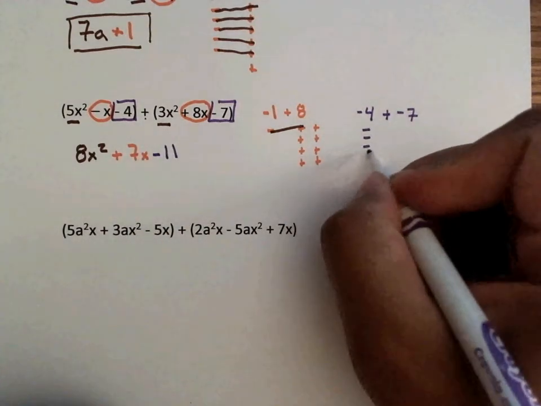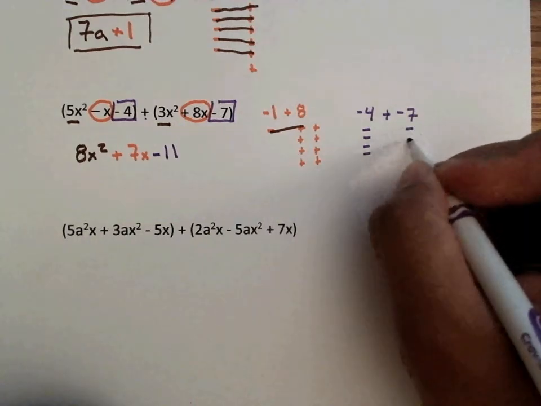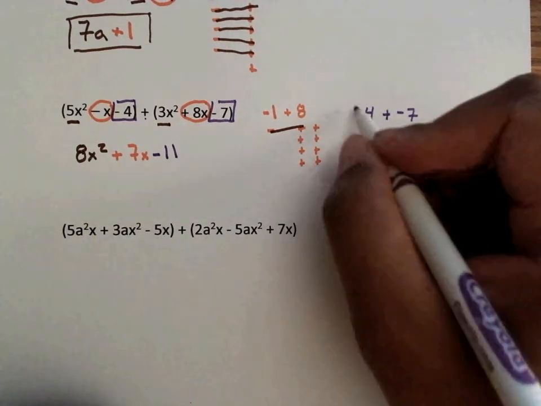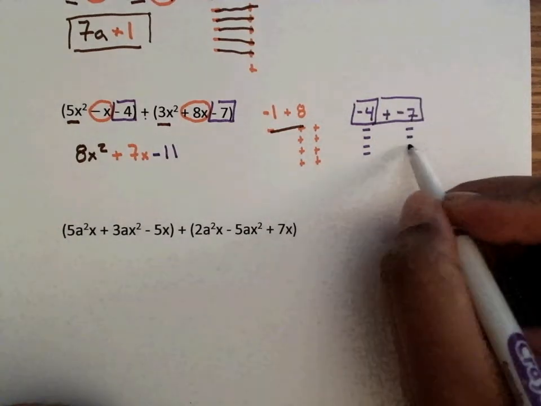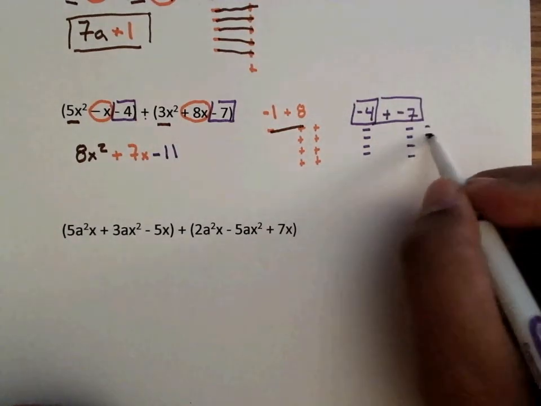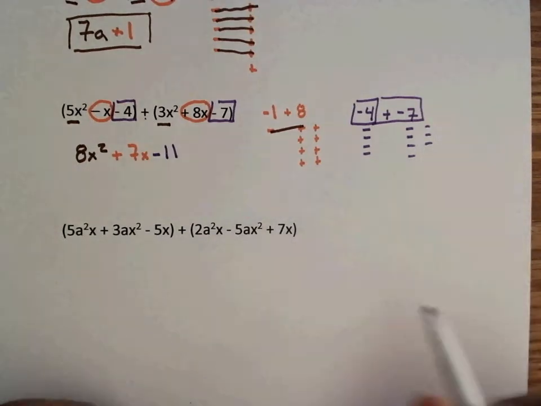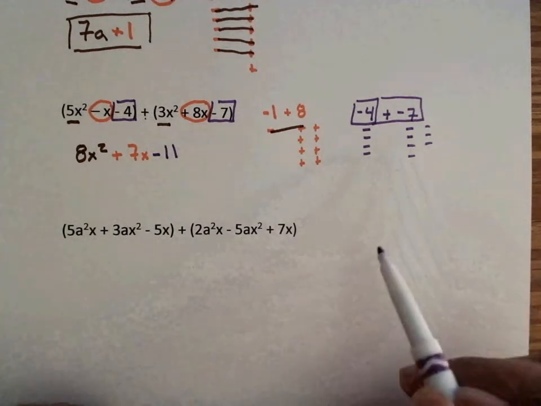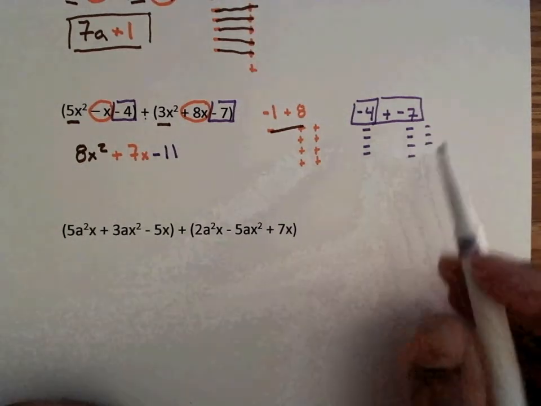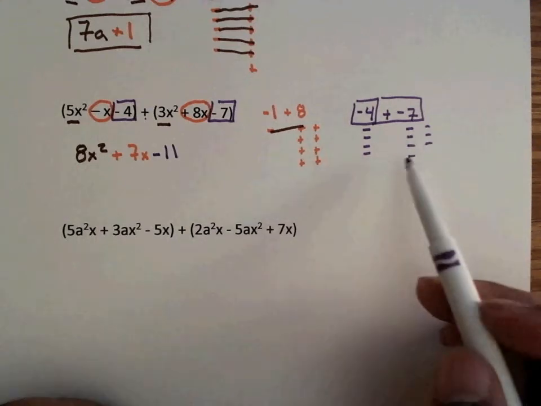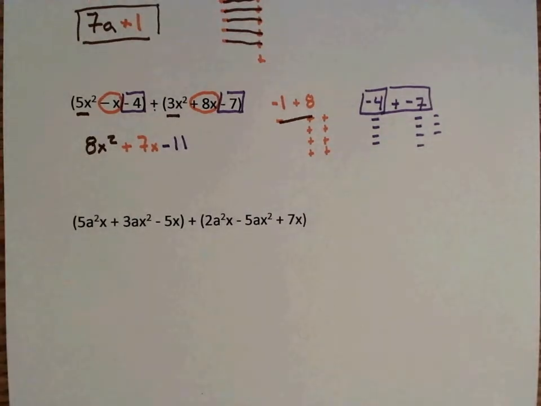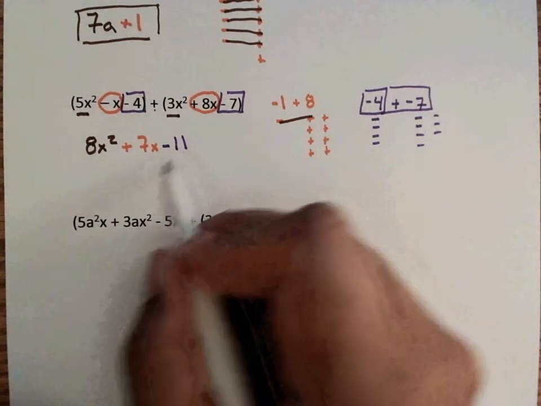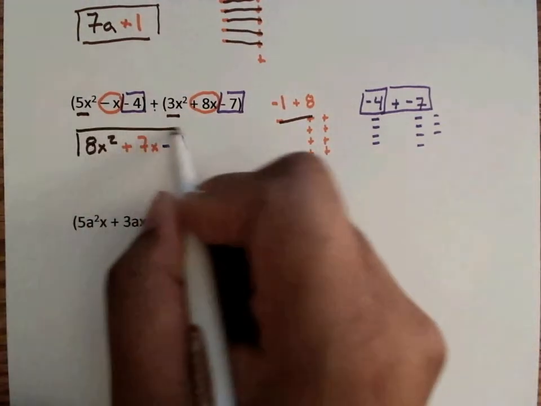We have 4 negatives and 7 negatives. So we have 1, 2, 3, 4, 5, 6, 7. And if you notice, they're the same sign, so nothing cancels, and we just add up the total. When you add up the total, you're left with negative 11. So negative 11 would be our answer, and that's how we got negative 11 there.